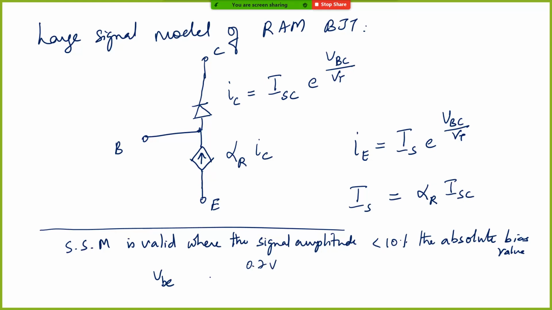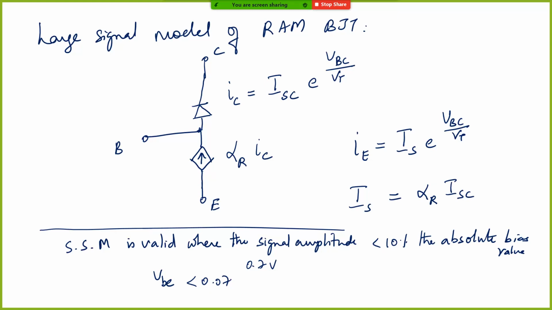In a small signal model, VBE should be less than 0.07, only then is that model valid. Otherwise, that model becomes invalid. In other words, if you use that model for larger signals, you will end up with erroneous results, whereas no such conditions apply to a large signal model. So here, even if VBE is large, it's a DC value, and it is still fine.